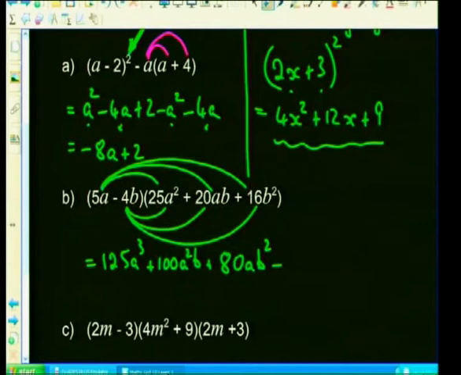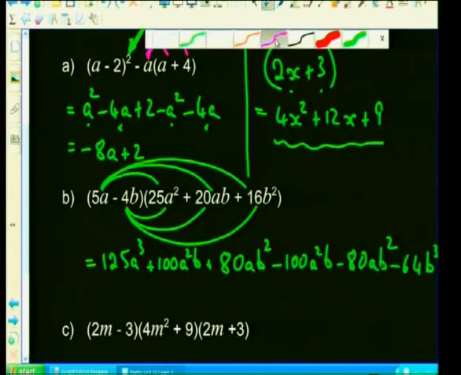Negative 4b times 25a squared, negative 100a squared b. Negative 4 times 20ab would give us our negative 80ab squared. And our negative 4 times 16 will give us, yes, let's hear you from there, 64, negative 64b cubed.